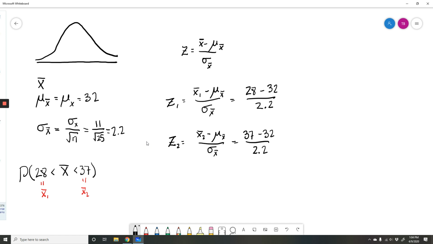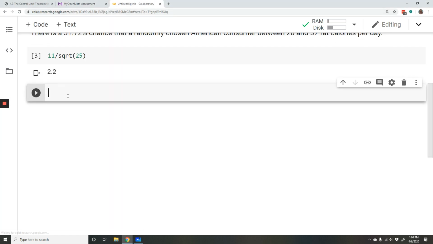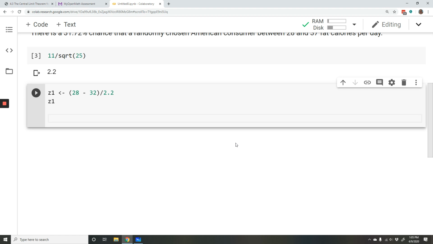So let's take those, let's plug them into our notebook and see what we get. So z1 in this case is 28 minus 32 divided by 2.2. Let's print that out so we'll be able to see it. And then z2 is 37 minus 32 divided by 2.2.